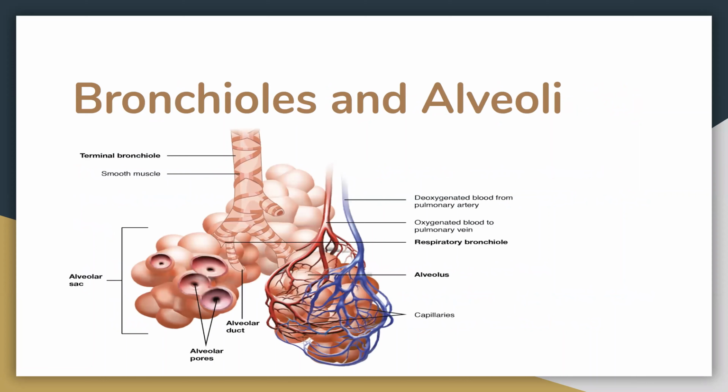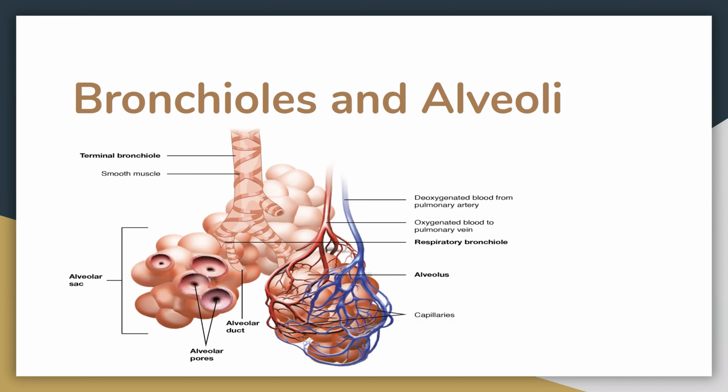So this is a great graph that shows the bronchioles and the alveoli. So you have the alveolar sac, and within it you have the alveolar pores and alveolar duct. And then you can see where the capillaries are interchanging, right? Oxygen versus carbon dioxide.